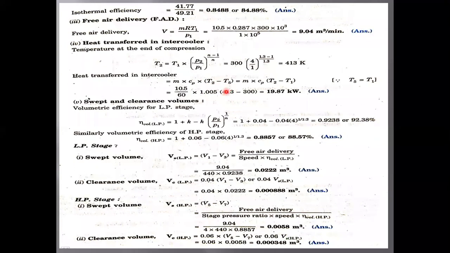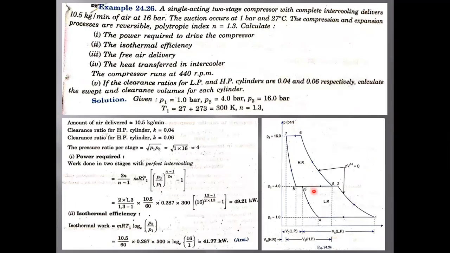So T2 minus T5, this T5 is nothing but T1 here. See from the diagram, T5 is nothing but T1. If it is going to be isothermal compression, this T5 is nothing but T1. These T1 and T5 are going to follow an isothermal process here. Then only it is going to go to the next stage, the high pressure cylinder.